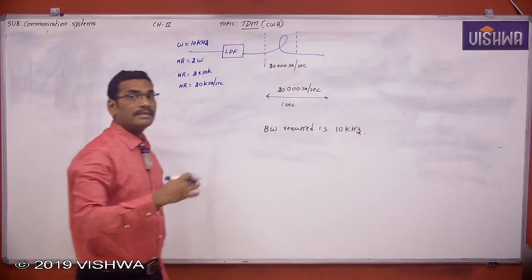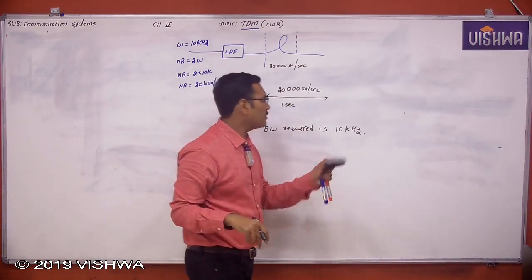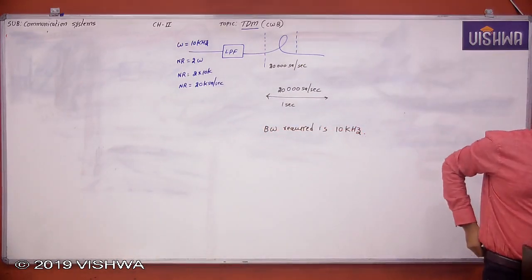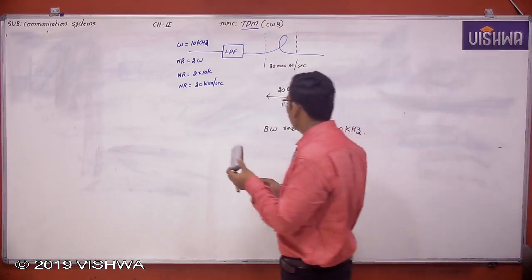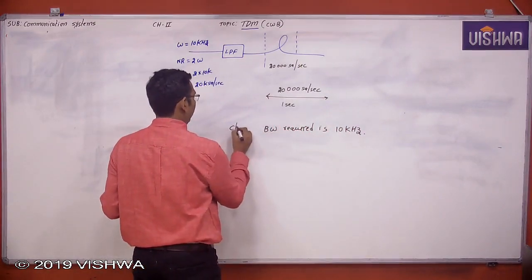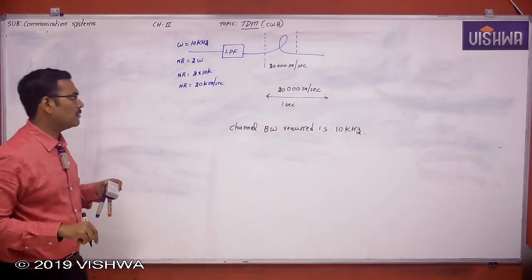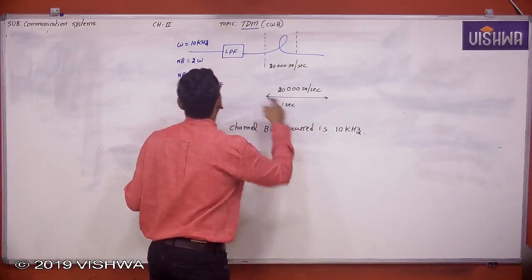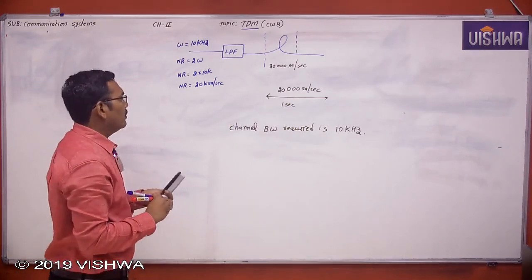So these samples are transmitted over a duration of 1 second with a required channel bandwidth of 10 kilohertz, which is the bandwidth of the signal itself. Okay, clear or not?